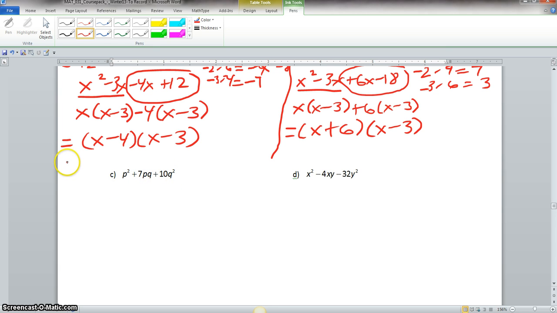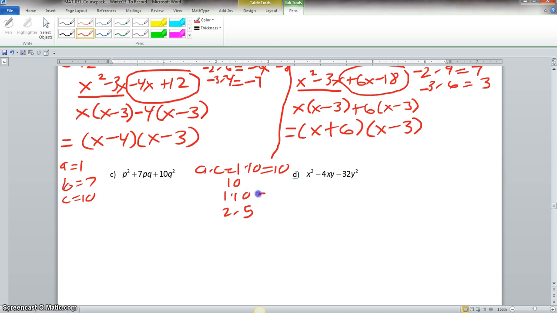So we list our A, B, and C. A is 1, B is 7, and C is 10. Now we multiply our A times C, which would be 1 times 10, which is 10. Okay, so now we take the factors of 10, which is 1 and 10, and 2 and 5.